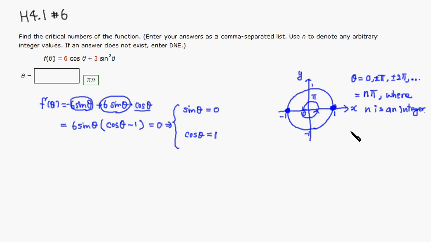But this point is actually included in these angles. So therefore, the solution you get from here is included here. So the answer is just n pi, which is the answer right here. All right, that's it. I hope that this was clear.